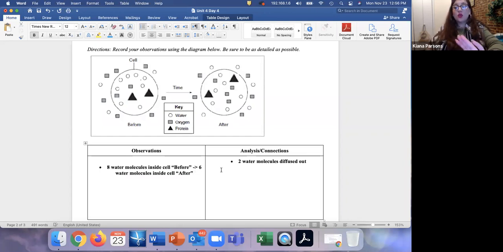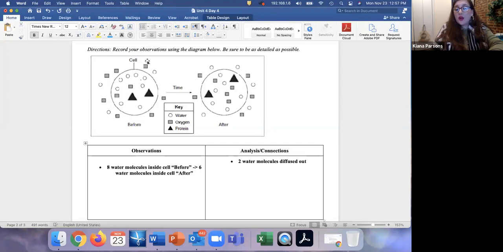So connecting this back to Unit 1, our observations are directly supported by our data. Our analysis or our inferences are the connections that we can make based upon what we see here in the diagram. So the oxygen molecules, there are 2 inside of the cell at the beginning and 1, 2, 3, 4, 5, 6 outside of the cell.